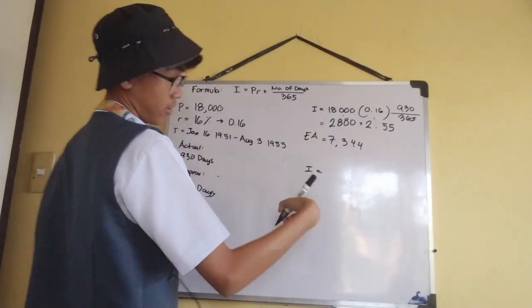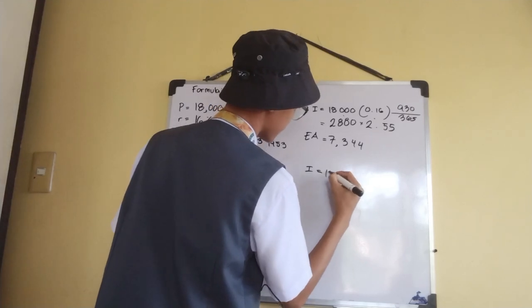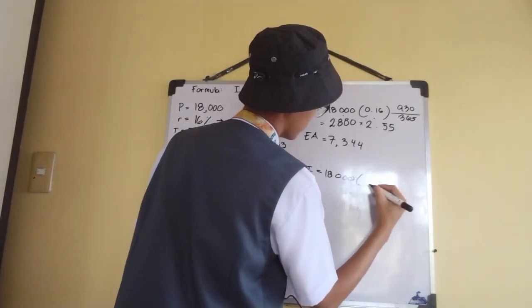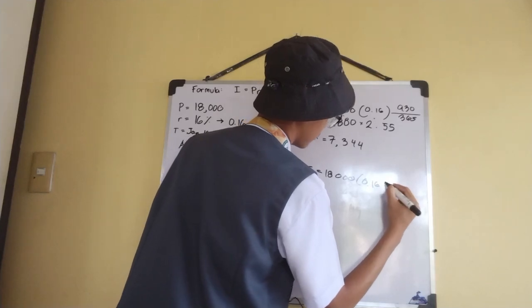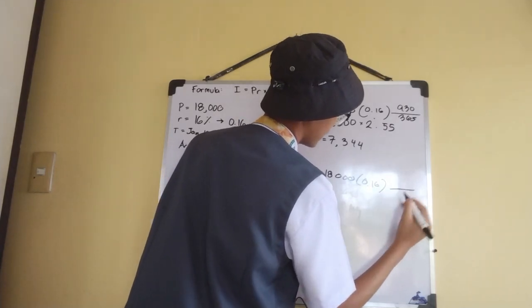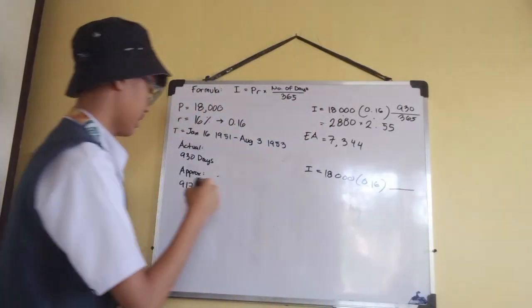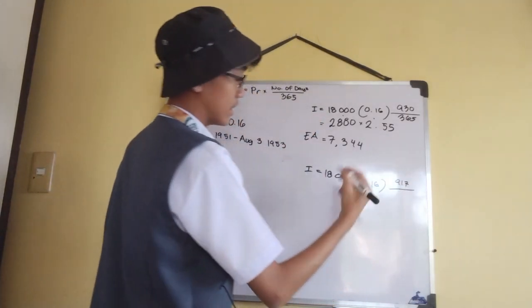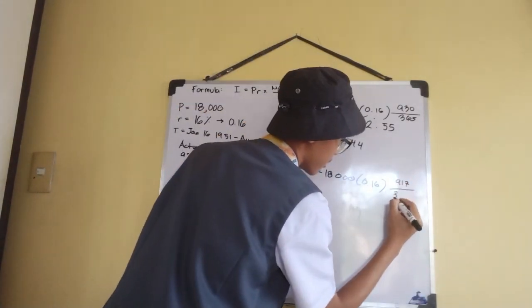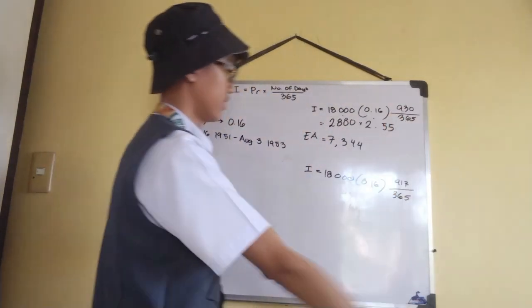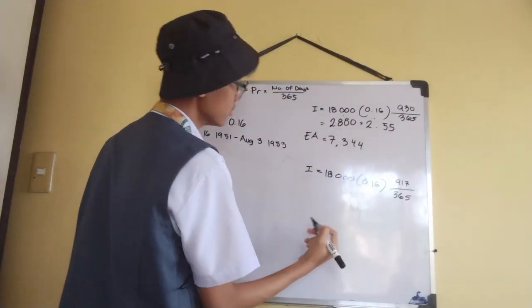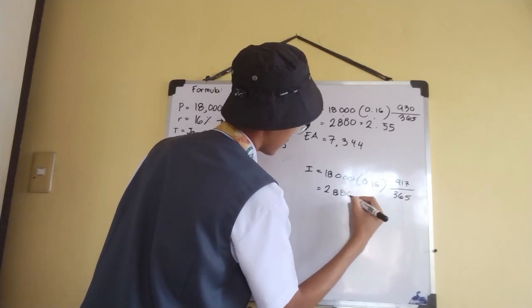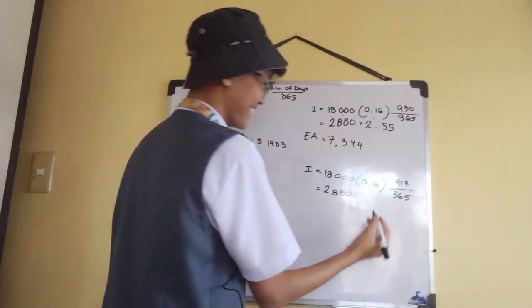Once again, same steps. Our principal value multiplied by our annual rate, multiplied again by our number of days, 917, divided by 365. Multiply these two, that will be 2,880.